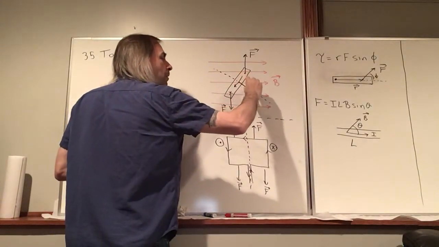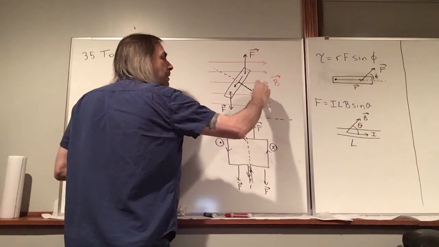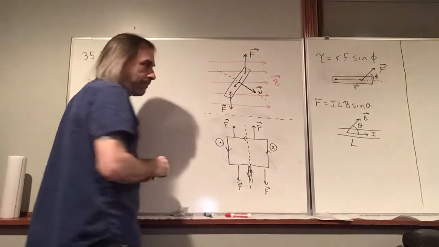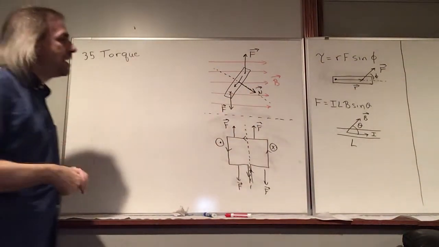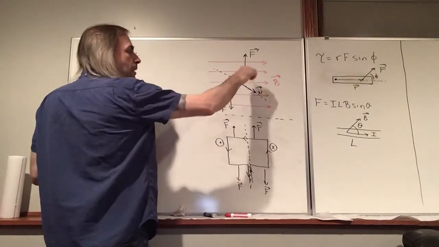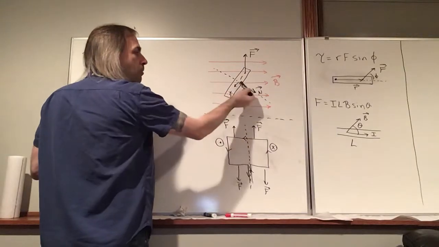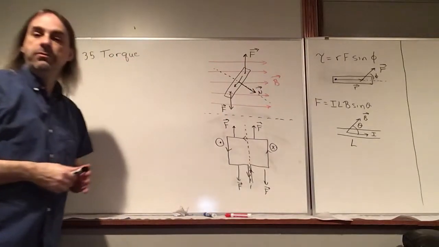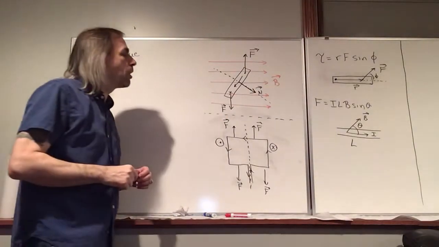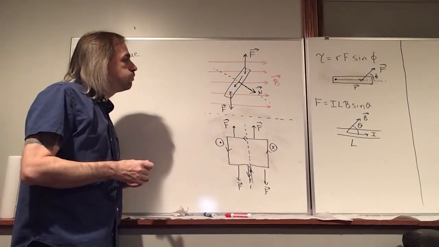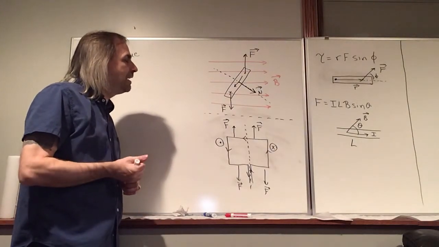And I'm going to pick it going in this direction for reasons we will see later. And so there's going to be an angle between this normal vector and the magnetic field. But when we want to calculate the torque, we're going to have to take this angle into account.